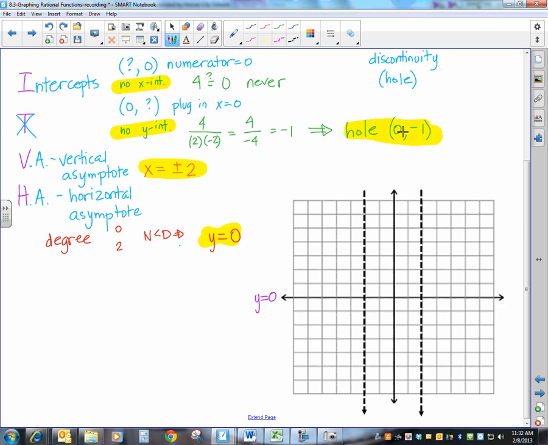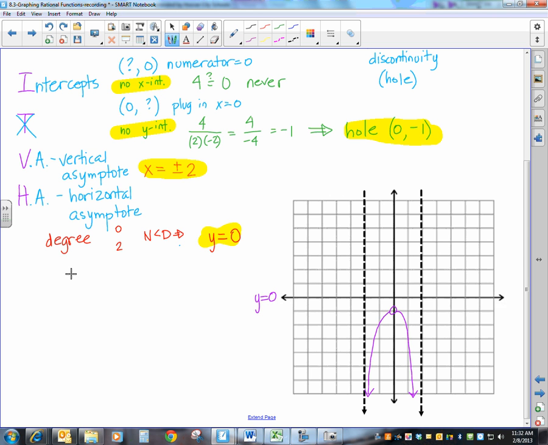Okay, we know that we have a hole at 0, -1, so we draw a little circle around that point. We've also talked about the fact that it will never cross a vertical asymptote, and we have no x-intercept. So that's enough information to tell us that our graph is doing this.